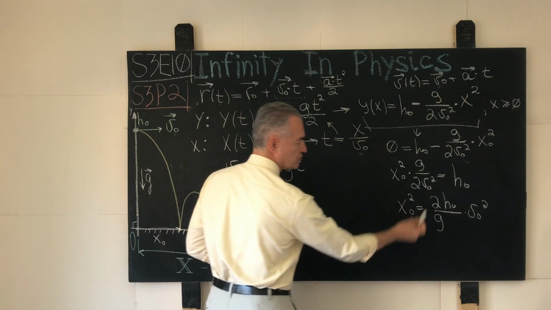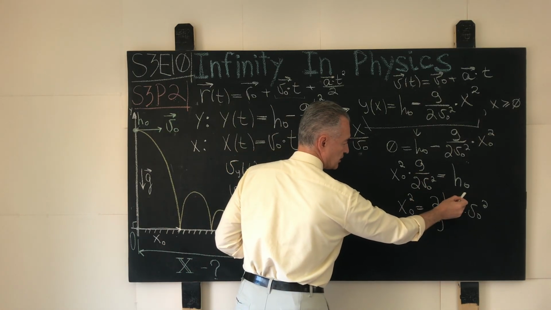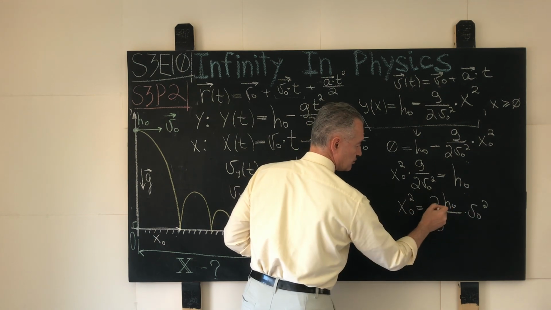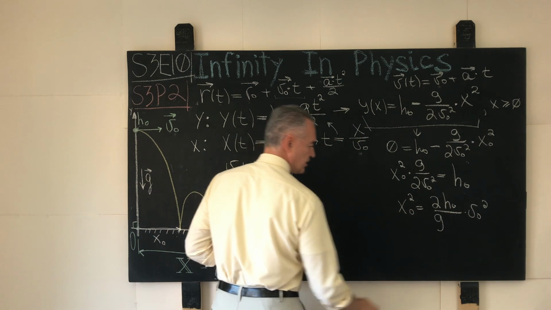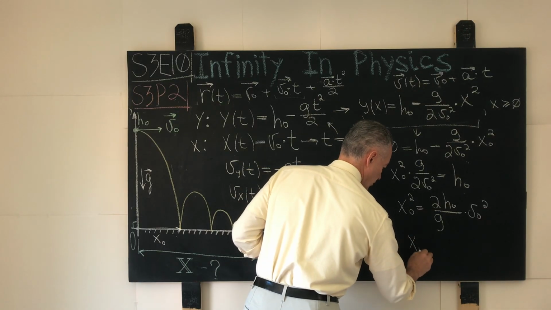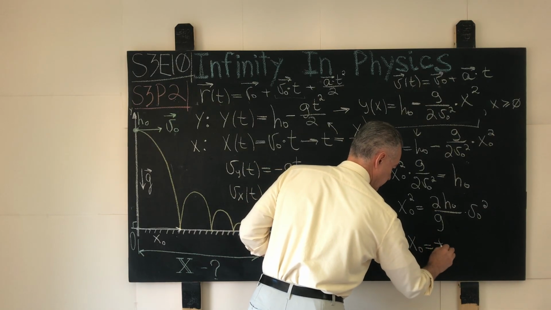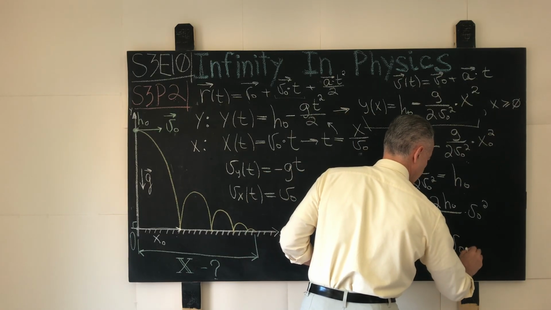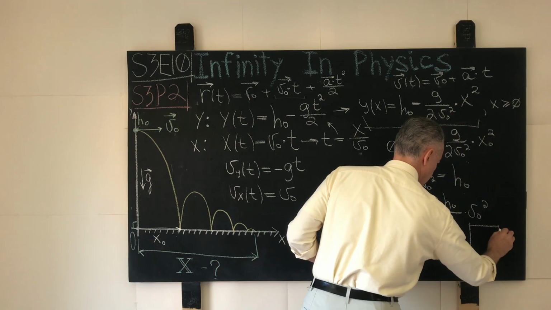That much is understood. g went into the denominator, 2v0 squared went into the denominator. Now we take the square root of both sides. We have plus minus v0 square root of 2h0 divided by g.